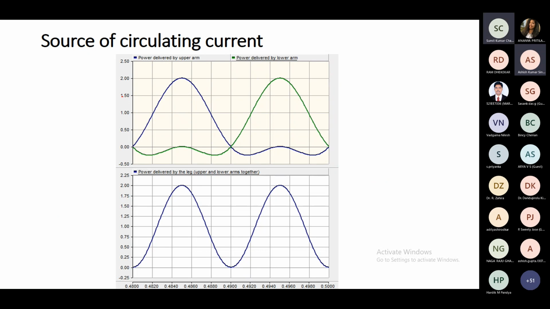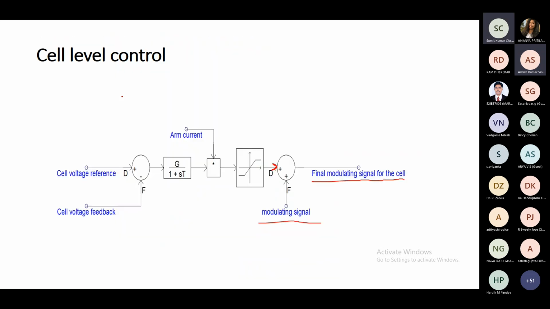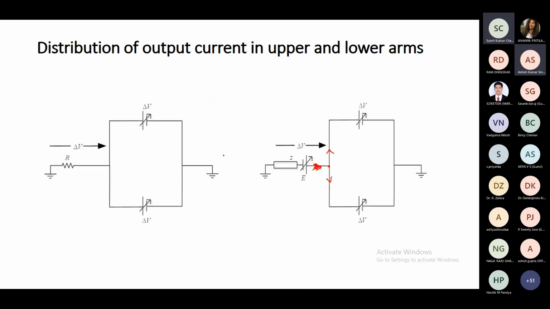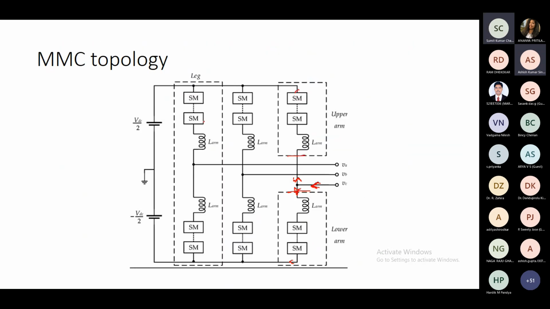there is another fact. As I said, the AC components of current are 120-degree phase shifted. So whatever current is coming in here in these 3 upper arms is also 120-degree phase shifted.